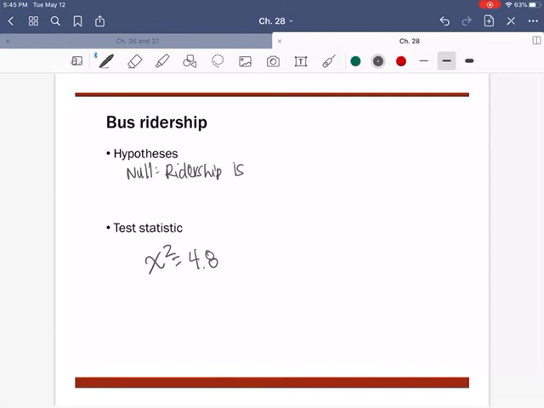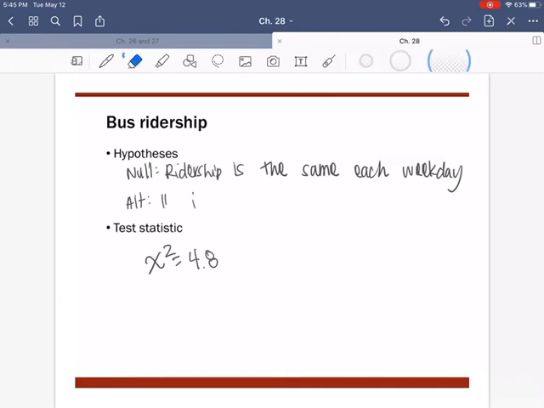But we better go back and write the null. I'm going to say ridership is about the same each day, meaning there's the same number of people on the bus each day. We're talking specifically Monday through Friday, so I'm going to say each weekday.